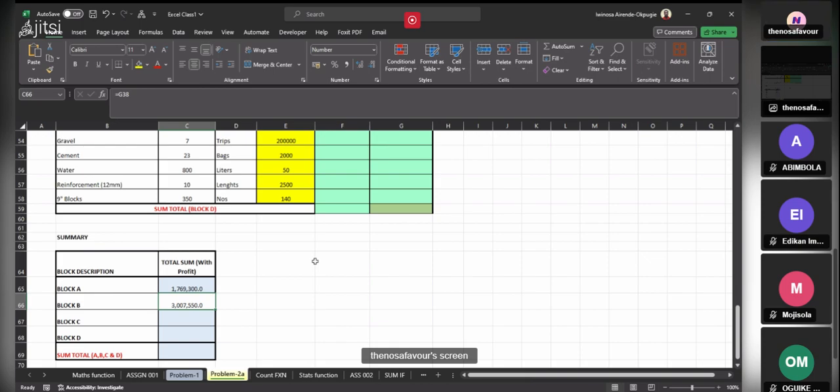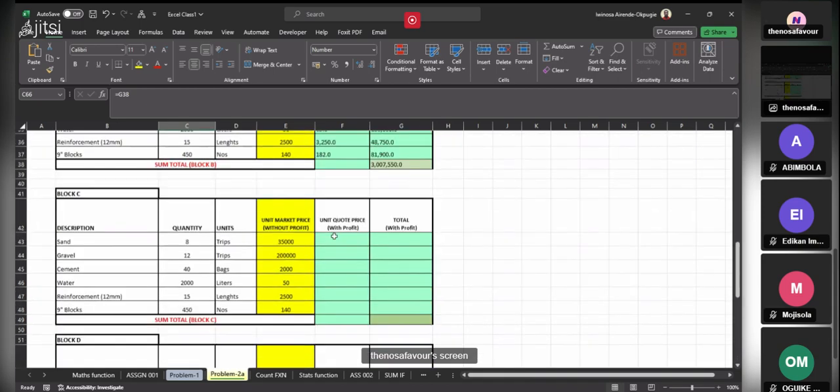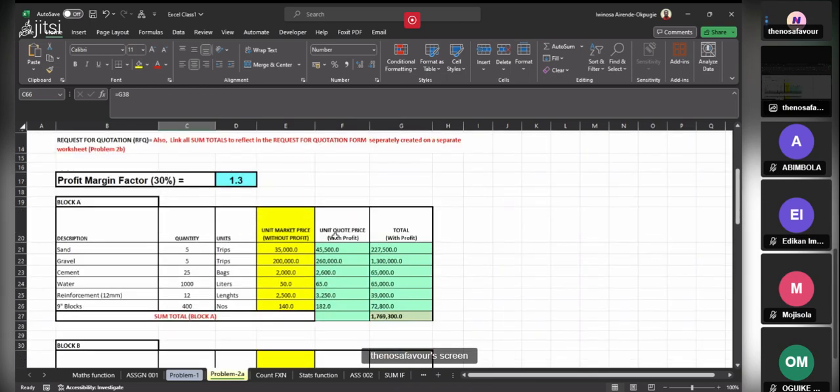How do you know that you need without profit, with profit, things like that? How do you know the instruction to follow?